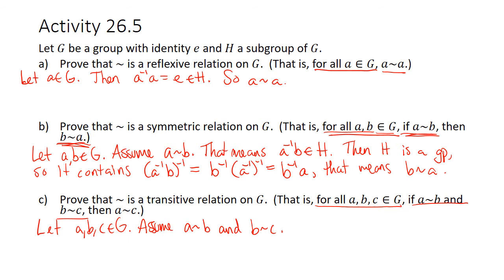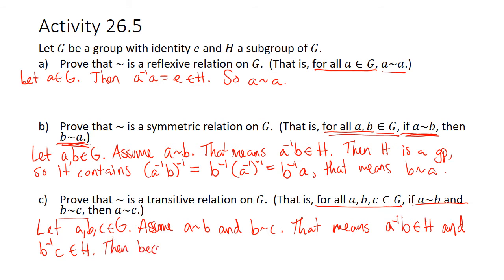So what do I get from this assumption? That tells me that A inverse B is an element of H, and B inverse C is an element of H. Just looking at those two elements, I think I see how I'm going to end up getting A inverse C. Because H is a group, or a subgroup, that means that it's closed under multiplication.